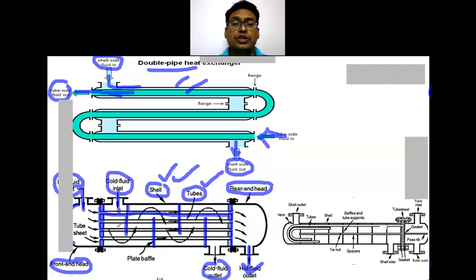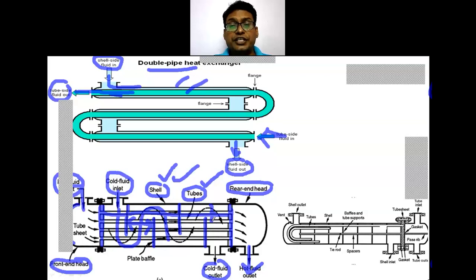This fluid, when it moves, changes its direction, and as a result of this change in the direction of the fluid and changes in the cross sectional area, the velocity increases. Now in this case, the cross sectional area is this much, but in the vertical section the cross sectional area is reduced.